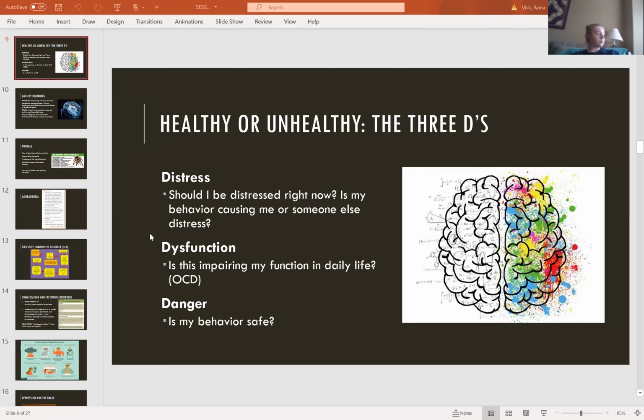For instance, a common compulsive behavior that might come with an OCD diagnosis is frequent and unnecessary hand washing. So obviously it's good to wash our hands, right? That's been a recommendation from the CDC since long before the coronavirus situation. So nobody would ever say that we shouldn't wash our hands.